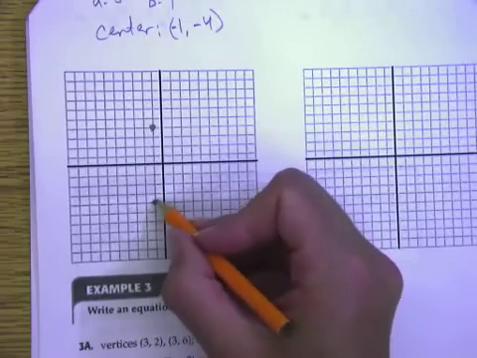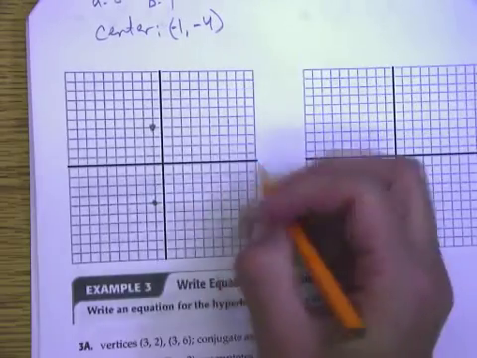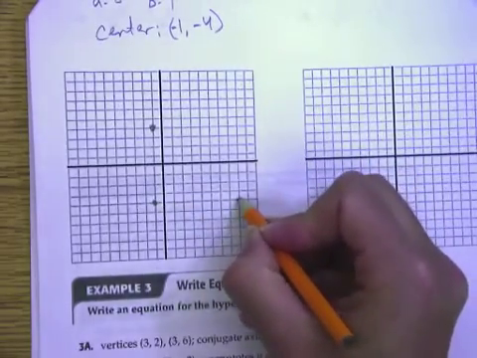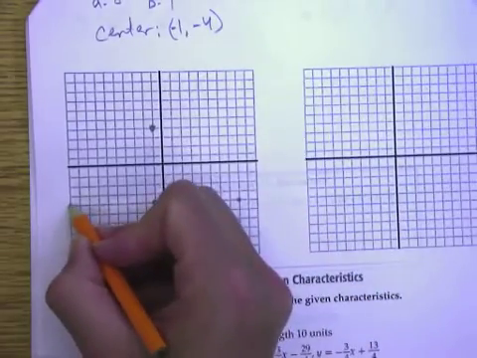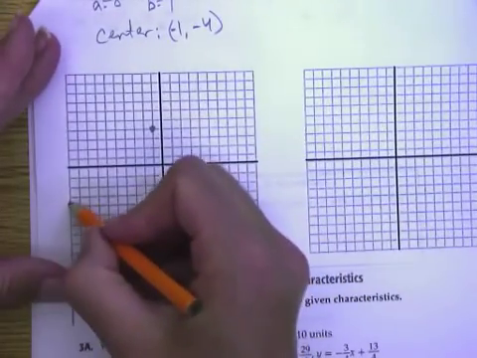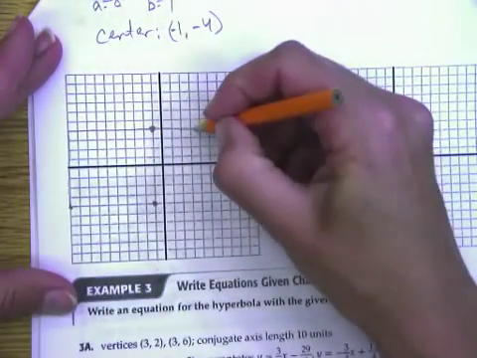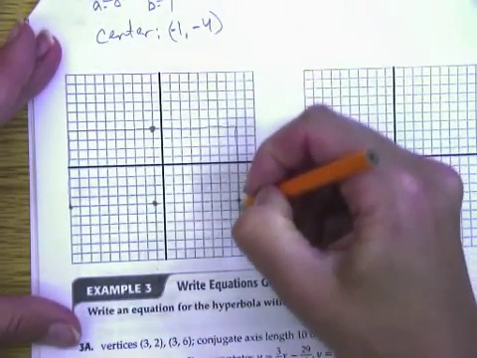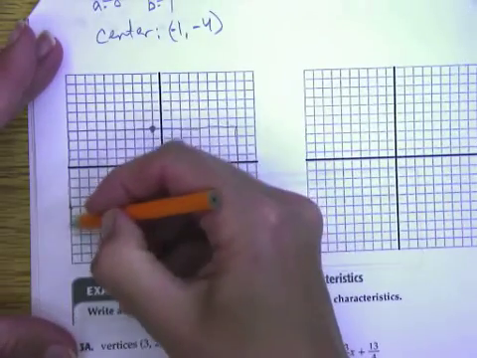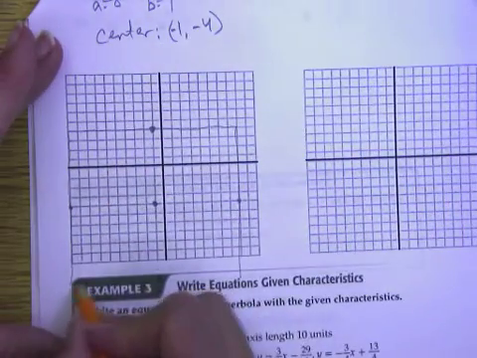There's one of my vertices. There's another one. I apologize for going off the grid. From my center, I'm going to the right and left 9 spaces. So here and there.